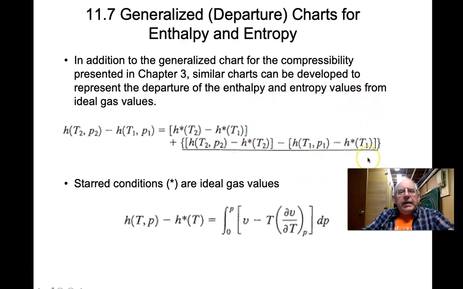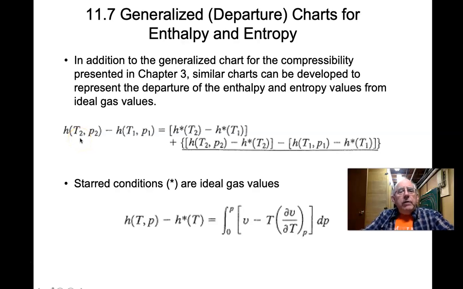And so the technique that's used in this particular case starts off with a description of the change in enthalpy between two thermodynamic points. And again, because we are dealing with a real gas, enthalpy may be a function of both temperature and pressure.